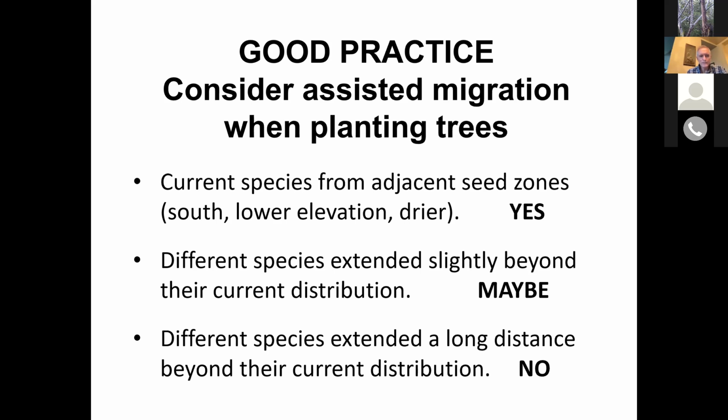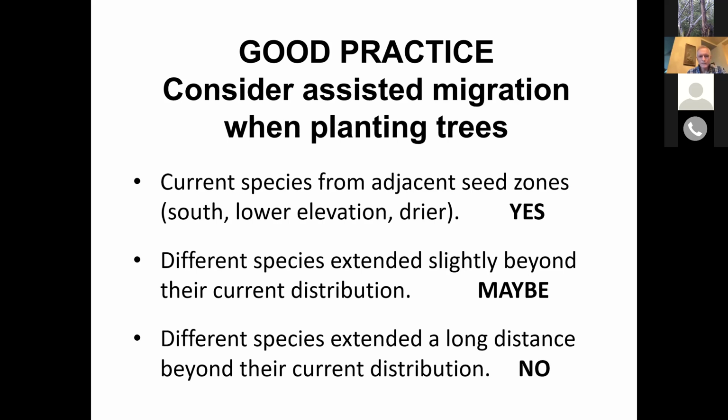Now, these are my recommendations for how we go about this, at least in the near future. I really support the concept of planting from diverse seed zones rather than just the seed zone in which we're located, because this provides some additional diversity in the genetics of these populations.